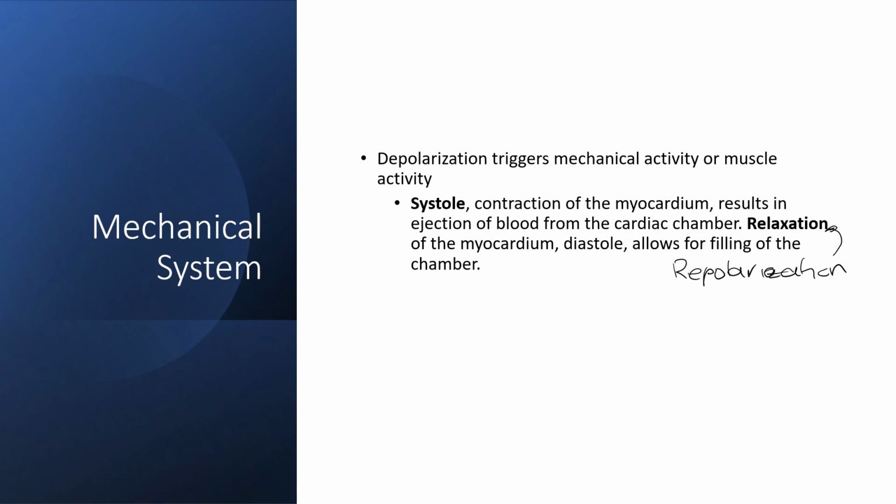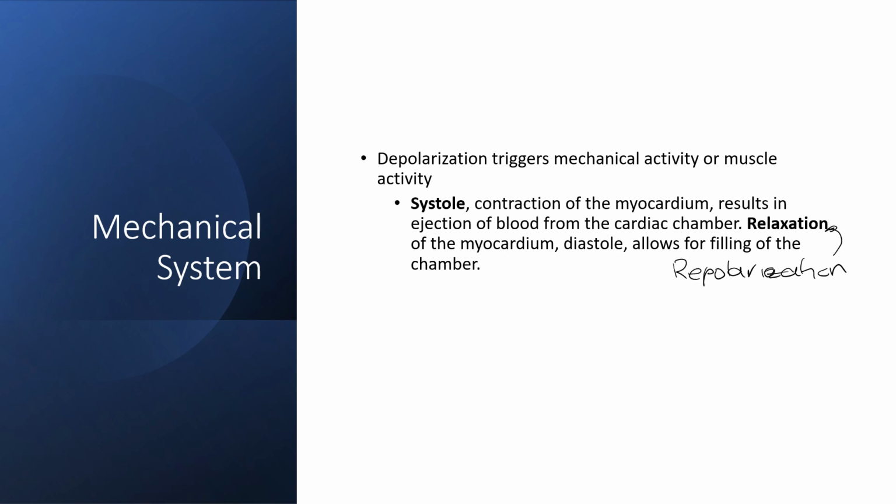So always remember, when the SA node, or that pacemaker, fires, that current then goes to the AV node. What it's causing is depolarization of both atriums. Remember, not just the right, because the SA node is located in the right, but it's causing depolarization of both atriums, which will then cause them to contract.